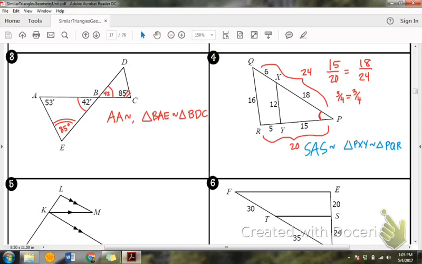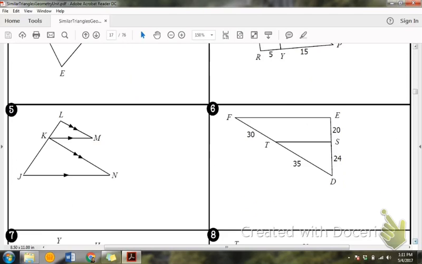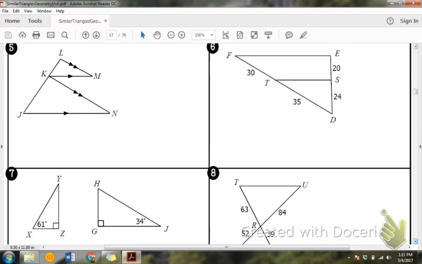But when we have parallel lines, we need to look for specific types of angles. If you look at number 5, there are no sides marked, right? So it's going to have to be angle, angle if it's anything.